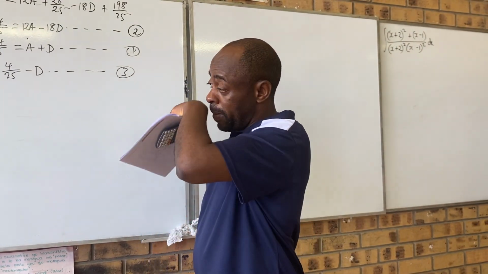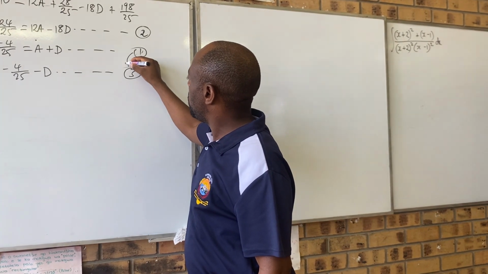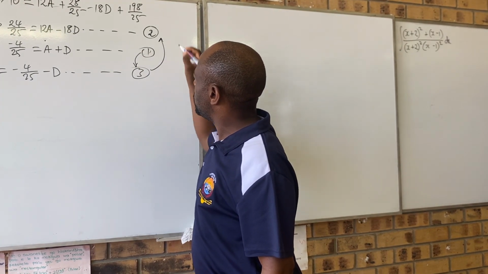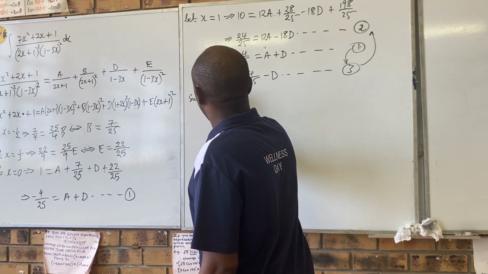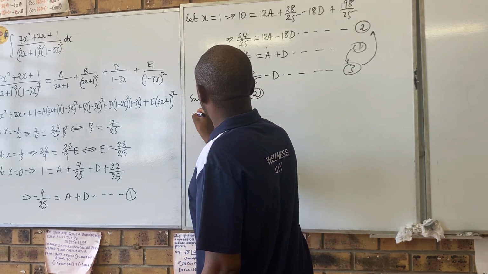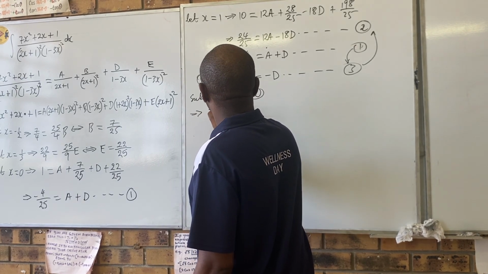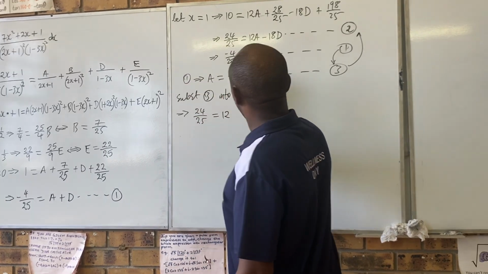Since equation 3 was created from 1, I can only substitute it in 2. So I will now substitute 3 into 2. And what does that mean? If I go to 2, I'll get 24 on 25 is equal to 12 in the place of a.